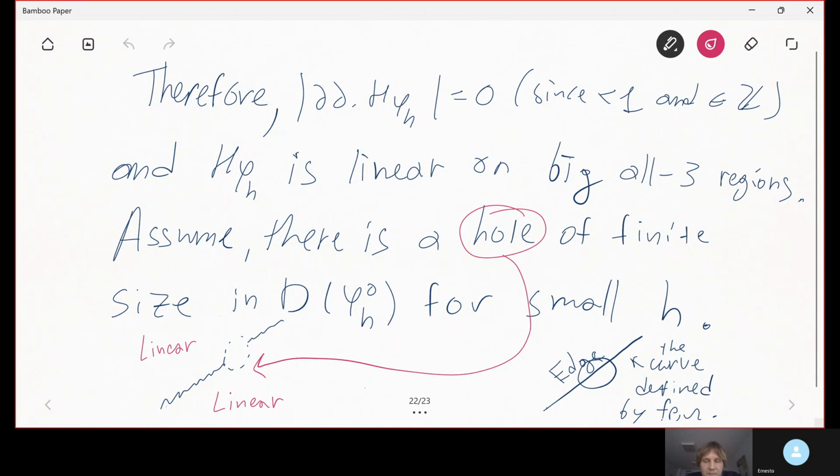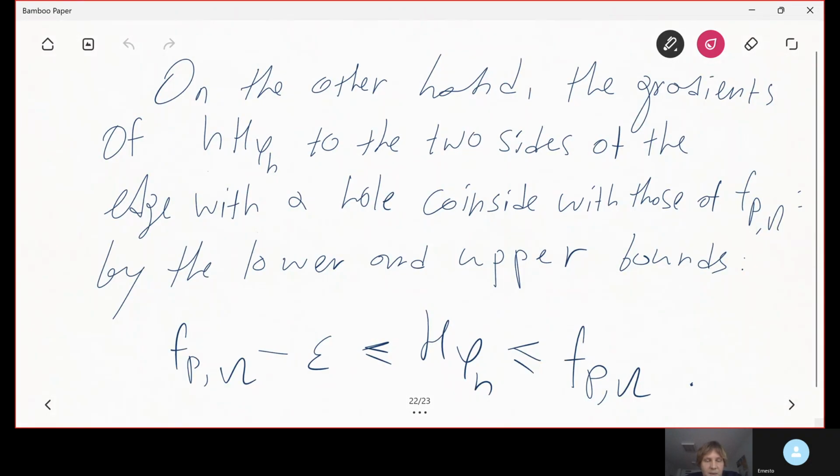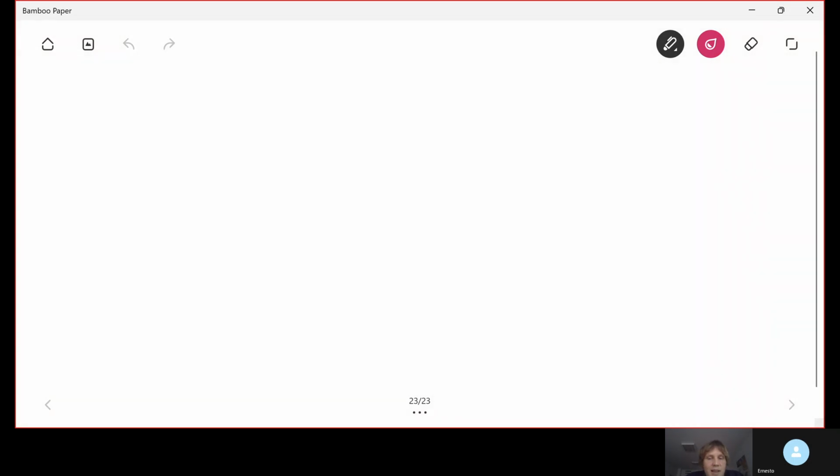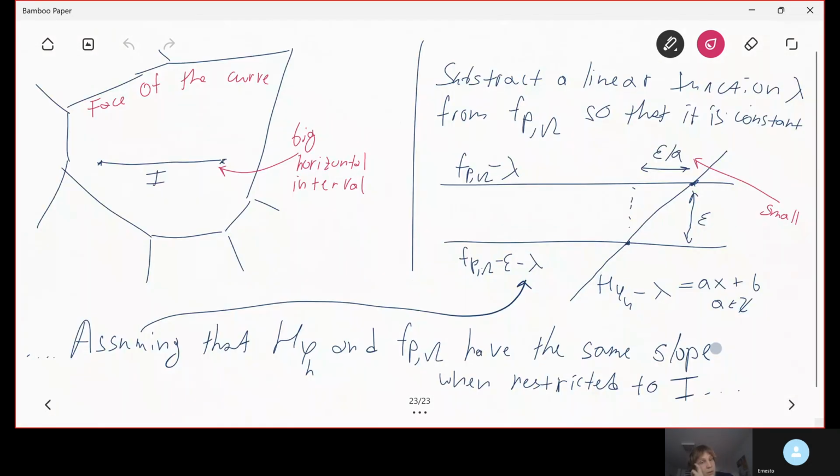So this would violate this twofold estimate. As I told you, this linearity is what you know: you know the gradient, and you know it exactly, for the following reason. I'm telling you why the gradient of H and of F are the same.